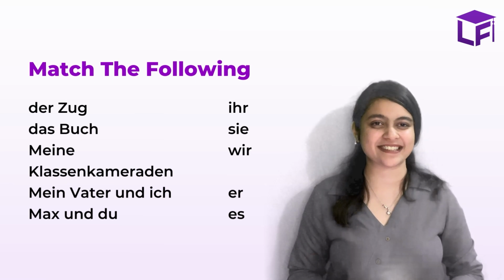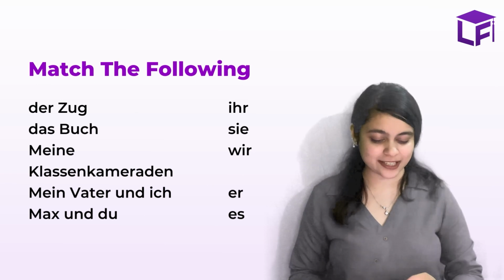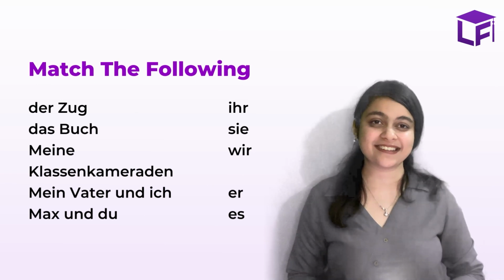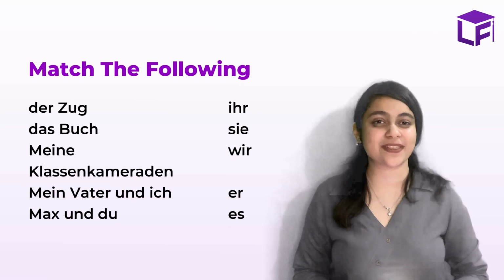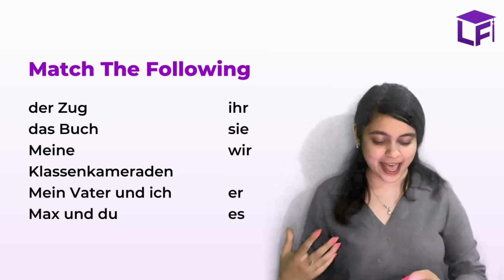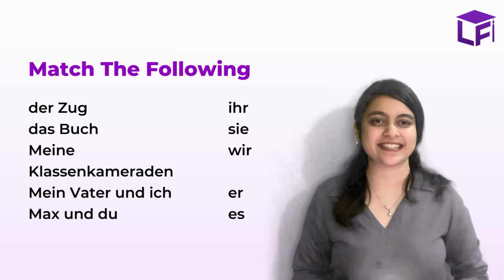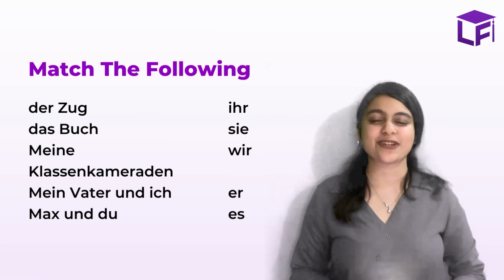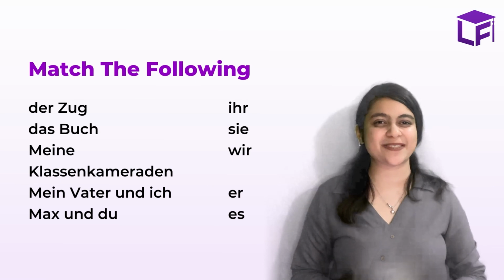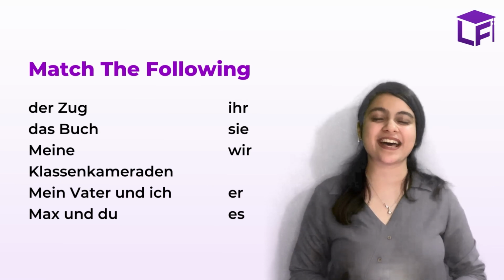Okay. The next up in the list is er, which means he. And the last one that we have is es. Es means it. So now, guys, I am giving you 30 seconds to match your pronouns with their respective nouns. The time starts now.